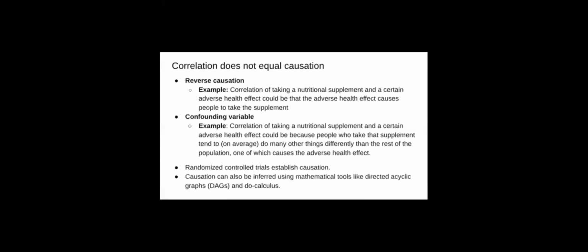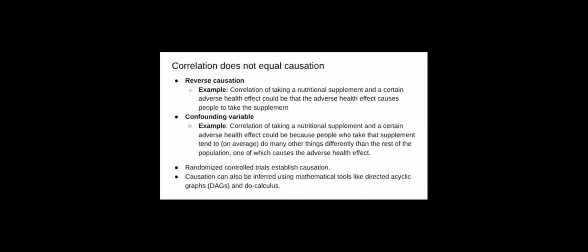It's important to understand that correlation does not equal causation. If you prove that two variables are correlated, that doesn't tell you anything about what's causing it. For example, let's say you've proved that there's a correlation between taking a nutritional supplement and a certain adverse health effect.